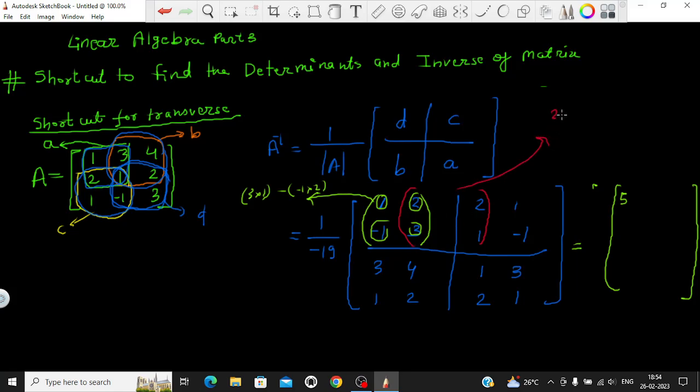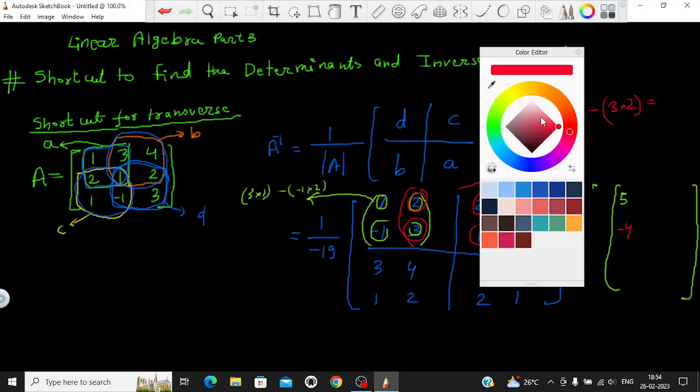You just multiply 2 into 1, minus this 3 into 2. So 2 into 1 minus 3 into 2, you will get minus 4. So write minus 4 here in this column.